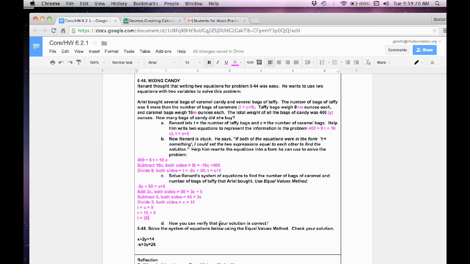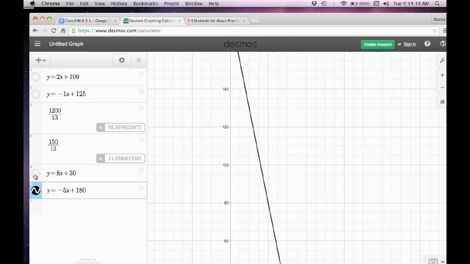Now, how can we verify that the solution is correct? Very simply, we'll take our two original equations, which are this one, 400 is equal to 8t plus 16c, and this one, t equals c plus 5, and we'll look for where they intersect. So I'll deselect whatever else I have here in Desmos.